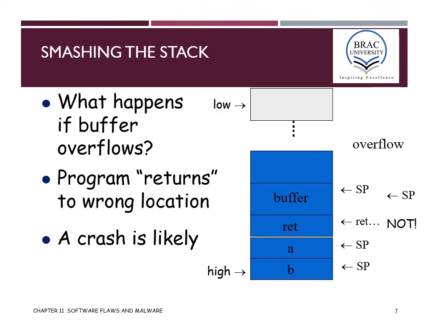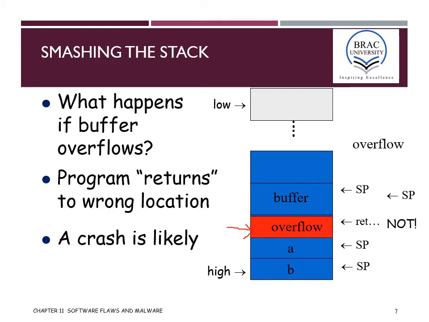But what happens if truly the buffer overflows, suppose with some random bits? The buffer will overflow into that return value area, right? In this area there is supposed to be a return address, but now there is some different value.